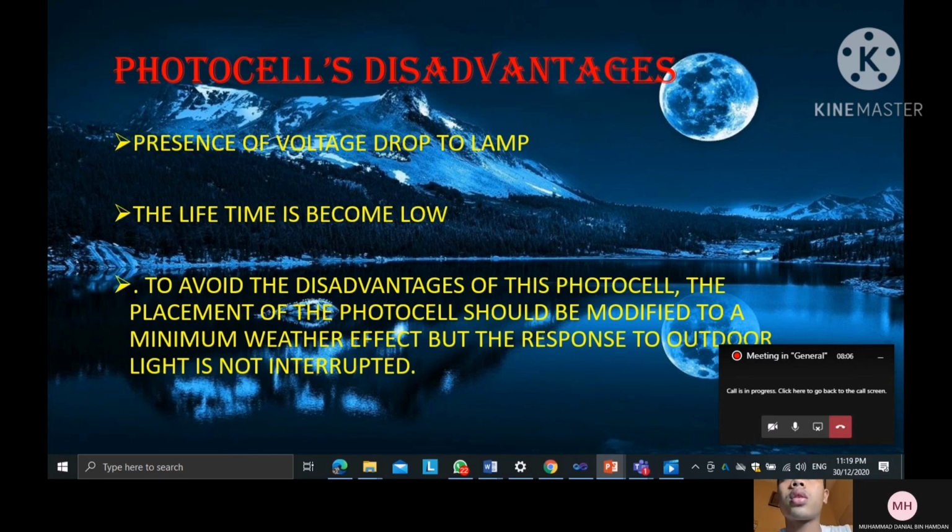And one more important note is to avoid the disadvantages of this photocell, the placement of the photocell should be modified to minimize weather effect, but the response to outdoor light is not interrupted.